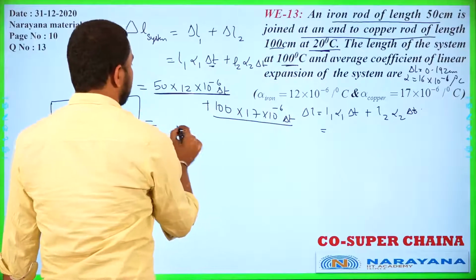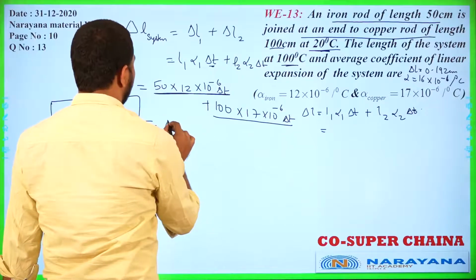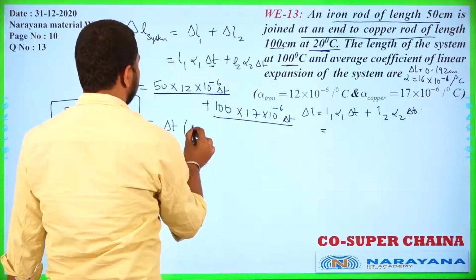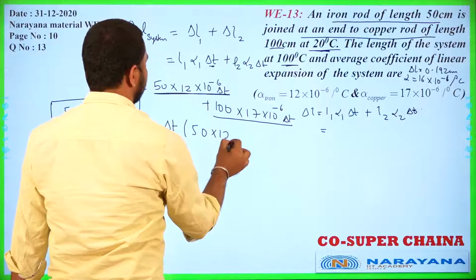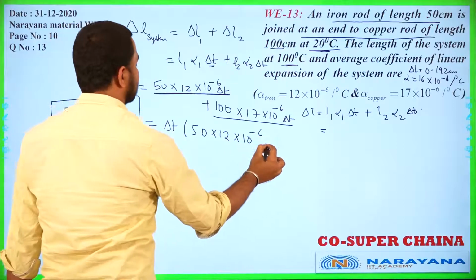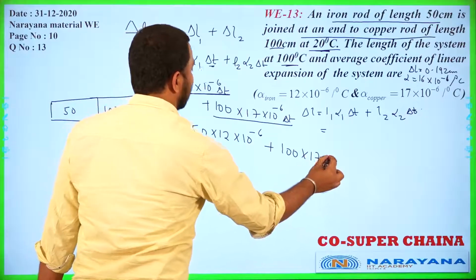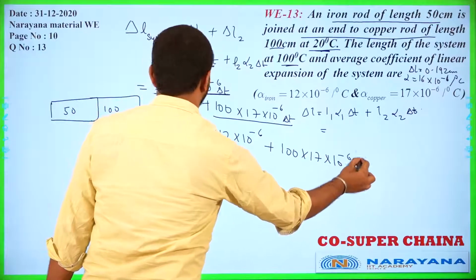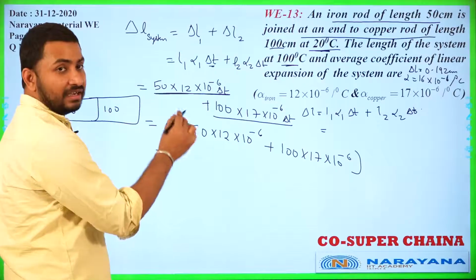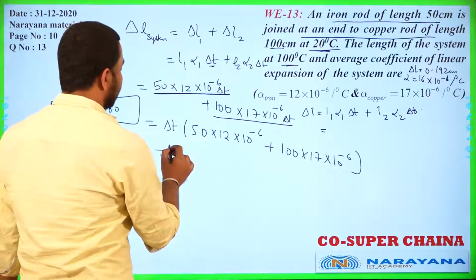So just plug the value here by taking delta T common. Delta T multiplied by 50 into 12 into 10 to the power minus 6 plus 100 into 17 into 10 to the power minus 6. Delta T is taken as 80.